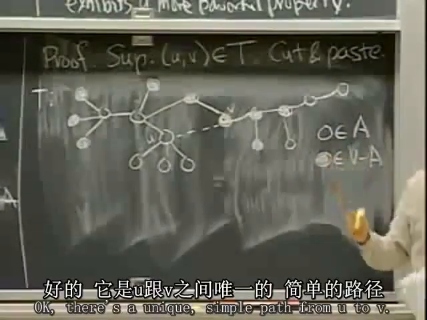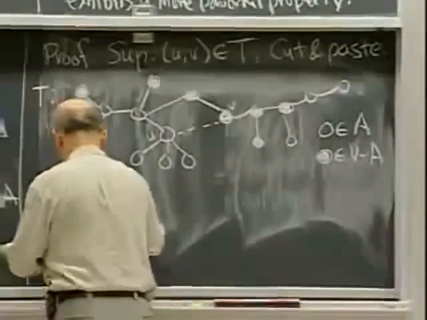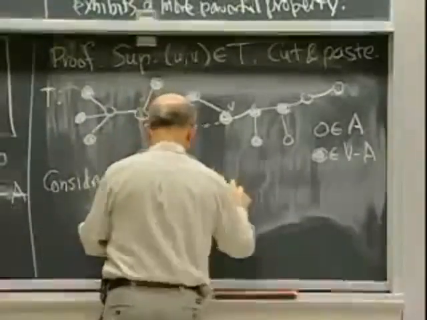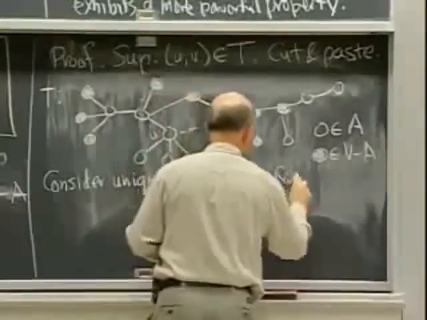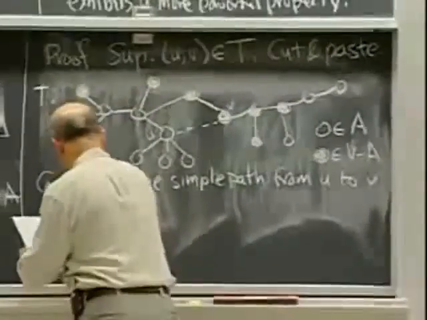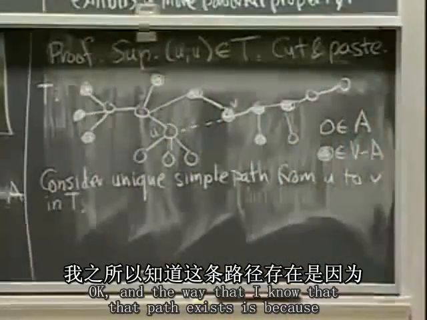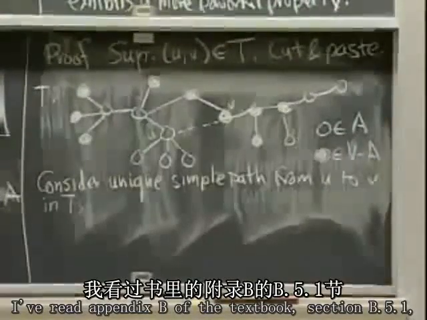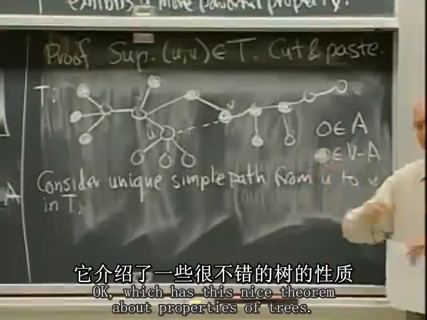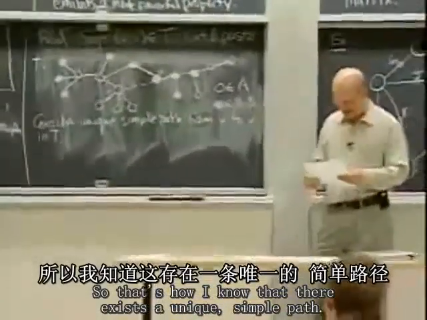There's a unique simple path from U to V. So let's consider that path. The way that I know that that path exists is because I've read Appendix B of the textbook, section B.5.1, which has this nice theorem about properties of trees.